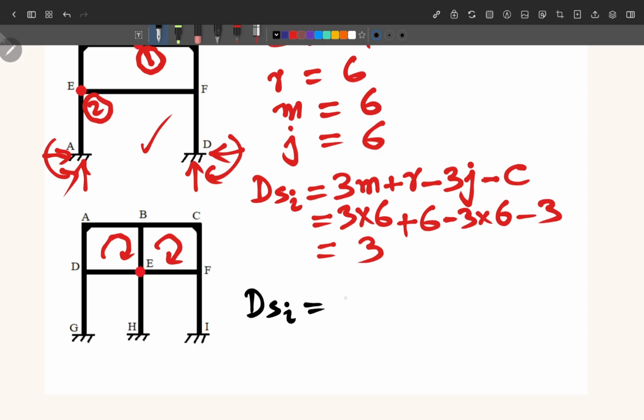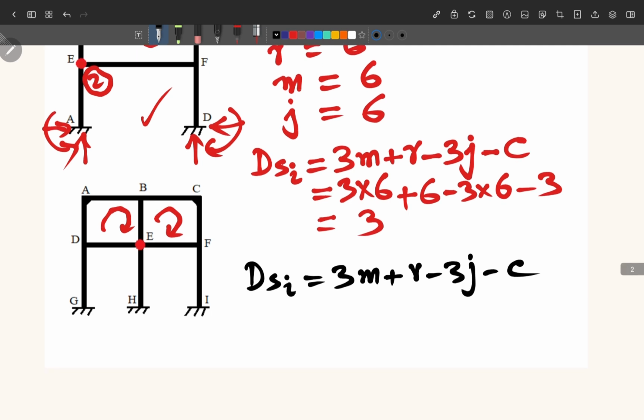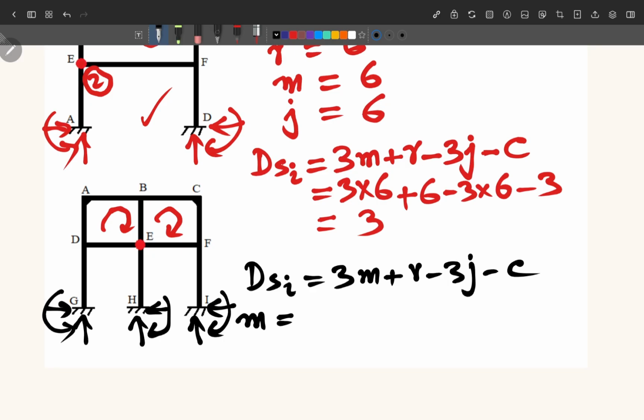DSI, same formula, 3m plus r minus 3j minus c, but we have to find the values of these: how many members, how many reactions, how many joints. So here vertical, horizontal and moment, vertical, horizontal and moment, vertical, horizontal and moment. So we know the values of these reactions, 3 plus 3 plus 3, 9. And how many members are there?